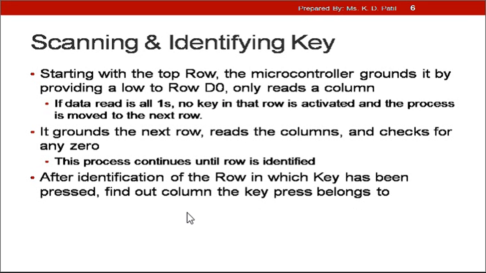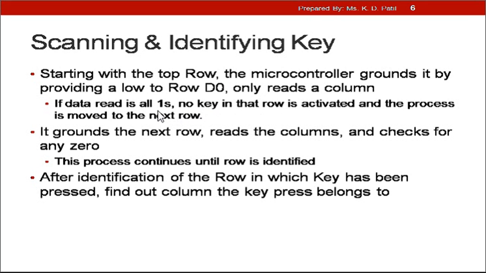In our figure, row D0 is connected with the 4 columns D0, D1, D2 and D3. So when that row is D0, the values of those 4 columns will be identified.